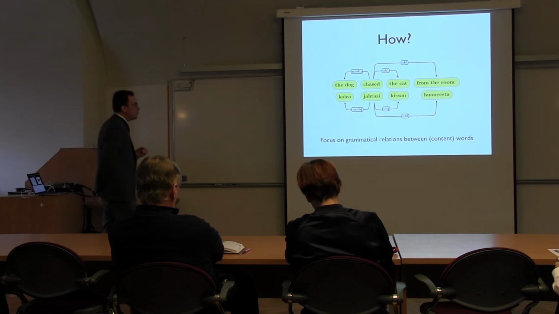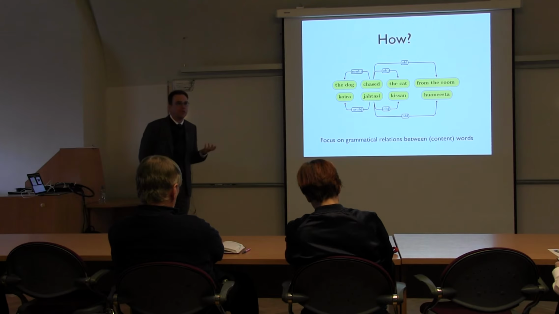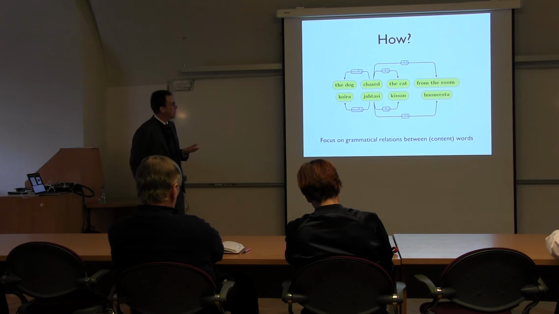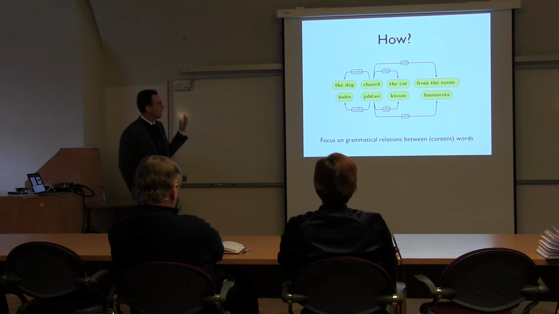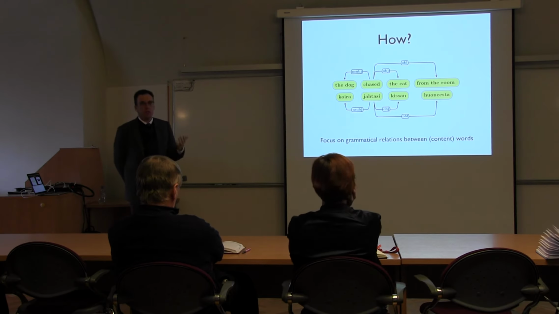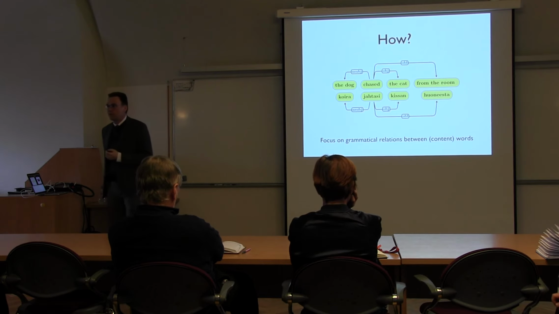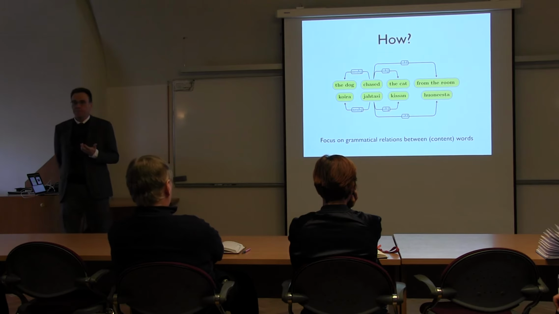Now, how do you actually achieve cross-linguistic consistency? There are many different ways in which you can do this, I think. UD is based on one particular perspective in doing this, where the idea is that you focus on grammatical relations like subject, object, and so on, or dependency relations if you prefer, between words.